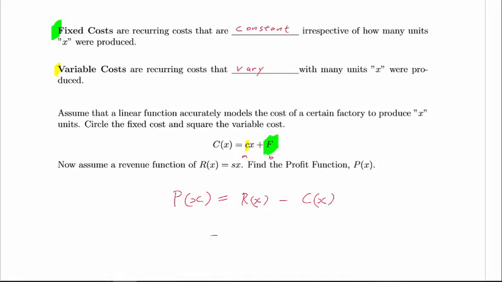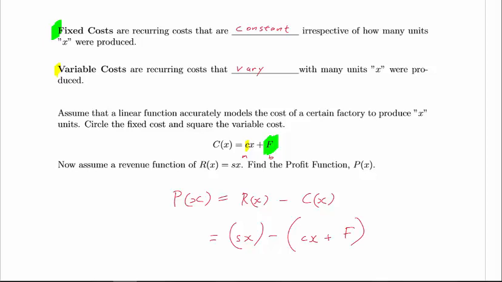So assuming linear models for both, we have S times X, right, the sales price, your revenue coming in, minus C of X. And so here you've got the little c times x, the cost per unit to produce, times x plus your fixed costs right there.